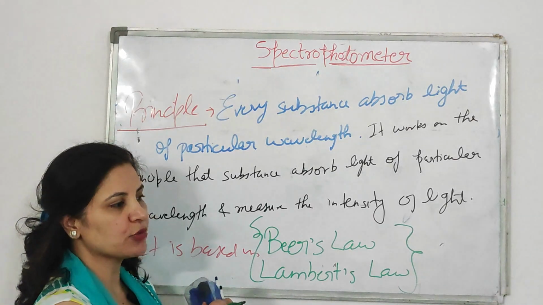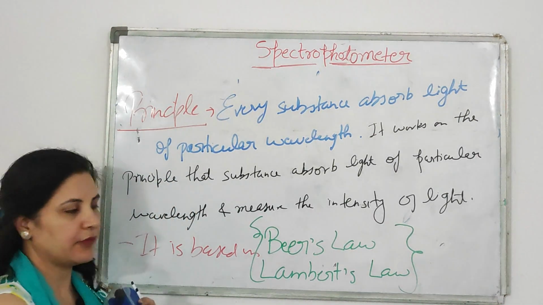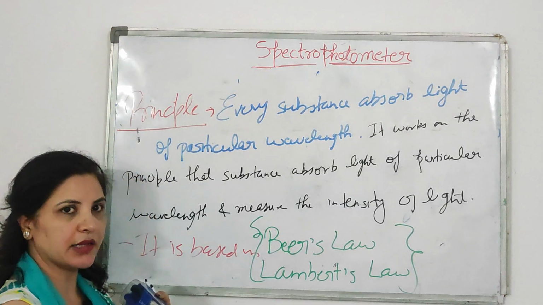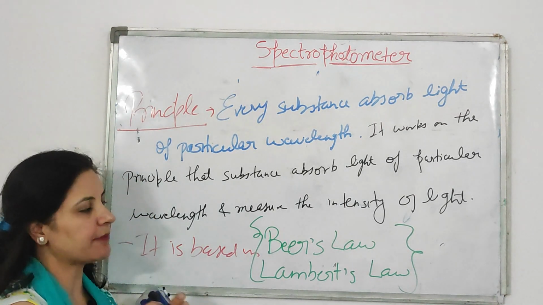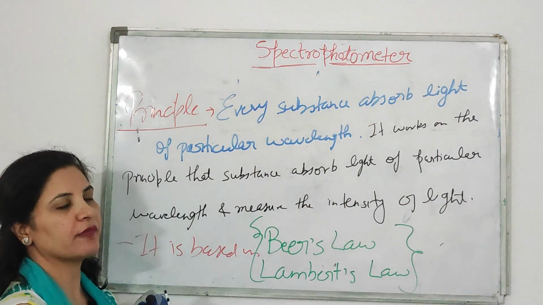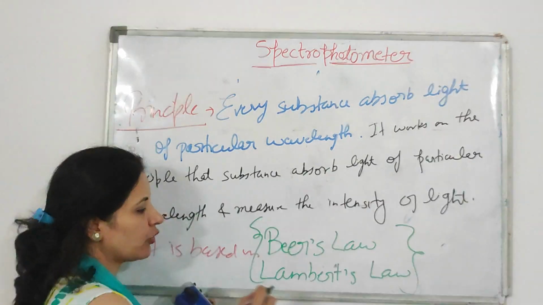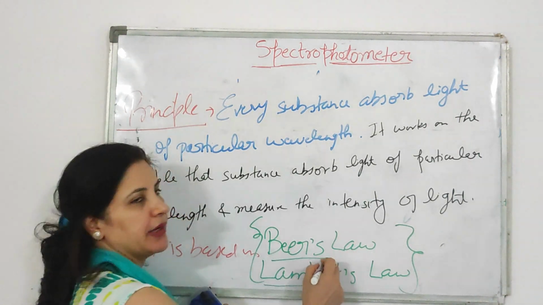We combine them together, and together these are known as the Lambert-Beer law. The question can be asked as an MCQ or in a viva: on which law does the spectrophotometer work? The spectrophotometer works on the Lambert-Beer law.